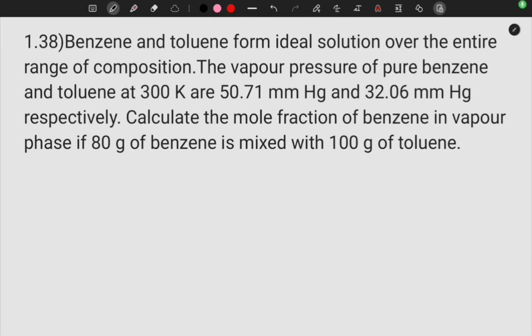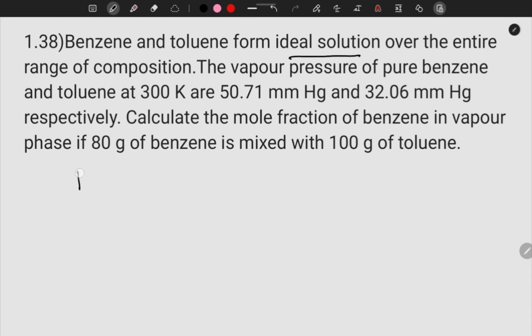Benzene and toluene form an ideal solution over the entire range of concentration. An ideal solution is a solution which obeys Raoult's law. The vapor pressure of pure benzene and toluene at 300 Kelvin are 50.71 millimeter mercury and 32.06 millimeter mercury.